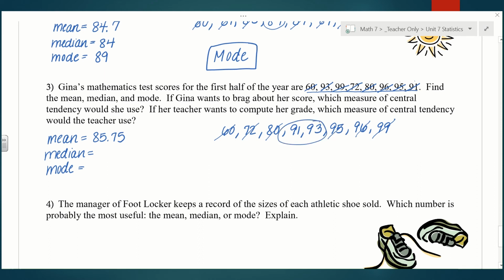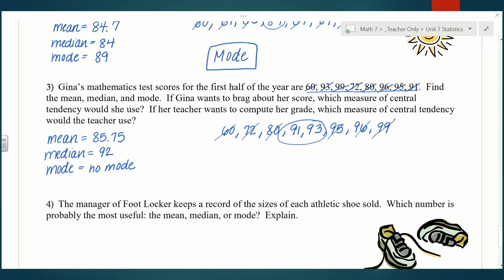So again, you could add 91 plus 93, divide by 2, or, what's between 91 and 93? 92. And then for the mode, the one that shows up the most often, I think they all show up 1 time. So in this case, there is no mode.